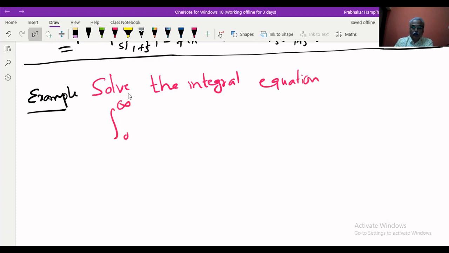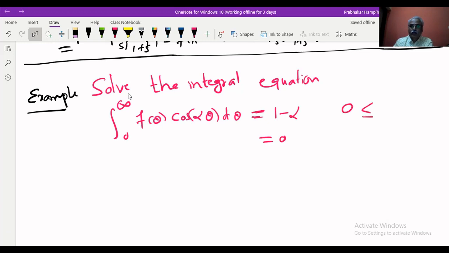Integral from 0 to infinity of f of theta cos of alpha theta d theta equals, the output will be, theta will go, alpha will come. The output is either 1 minus alpha in the range of 0 to 1, and outside this range it is 0.